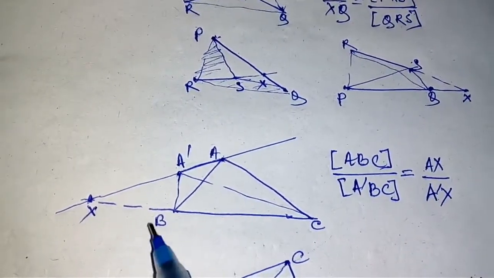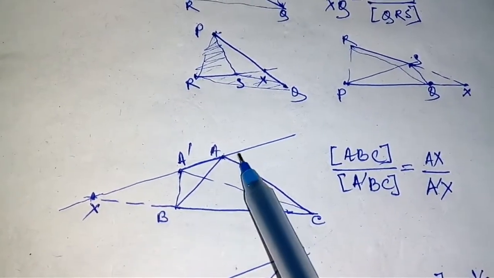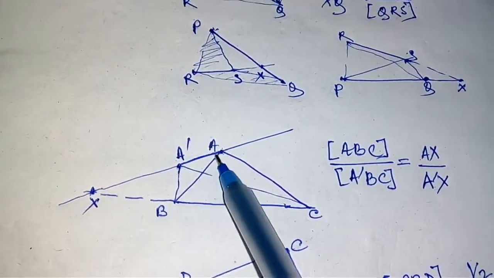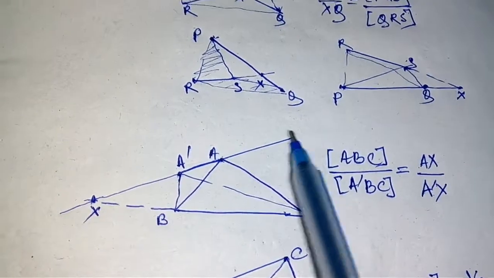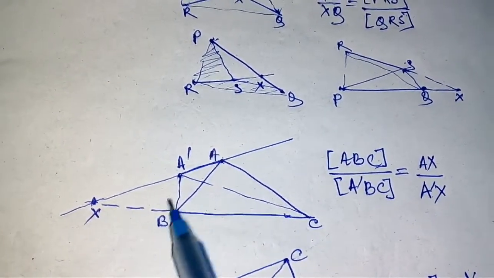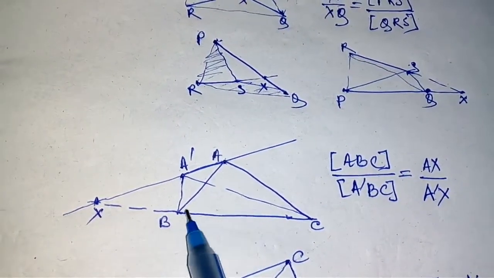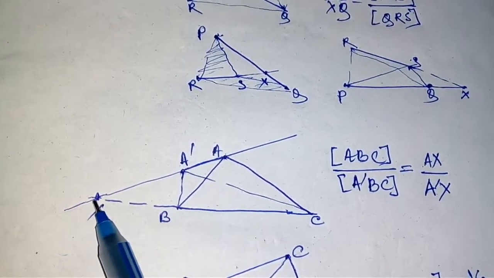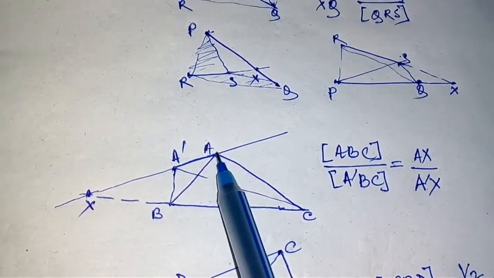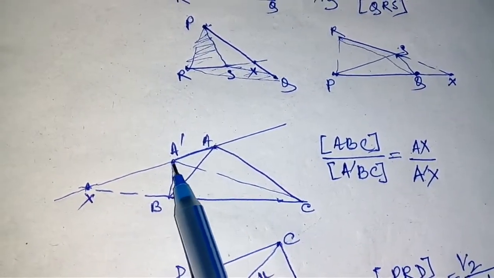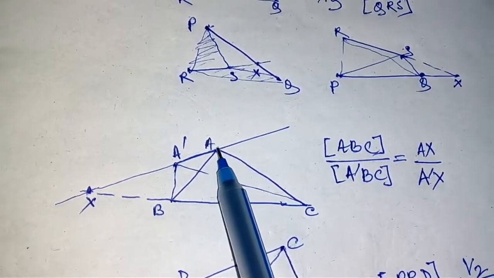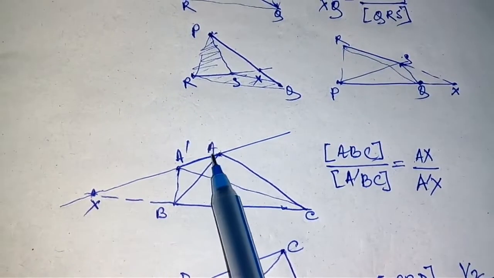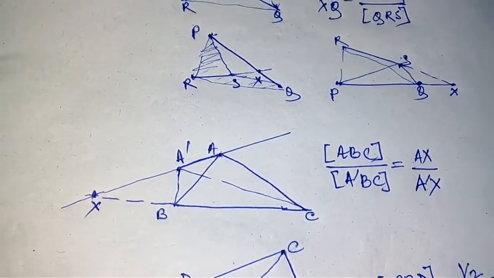If I slide the vertex A of the original triangle ABC along a line, what I have to do is intersect this line with the base line BC. Suppose it is intersecting at a point X. Then the area of triangle ABC to the area of triangle A'BC will be equal to the ratio of the lengths from A and A' to the intersection point, AX by A'X.